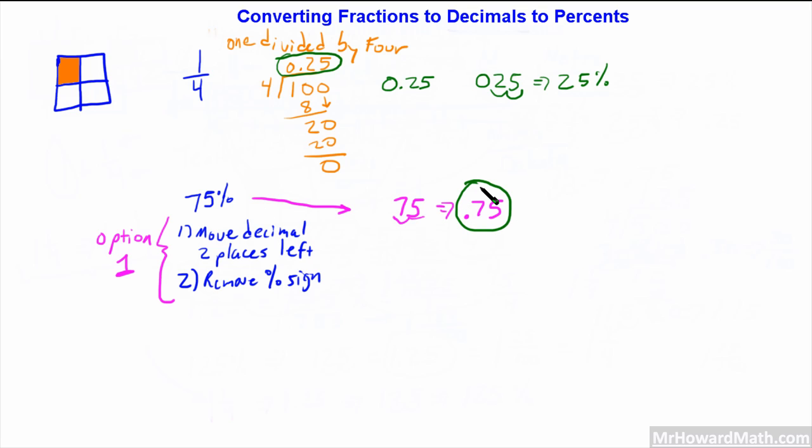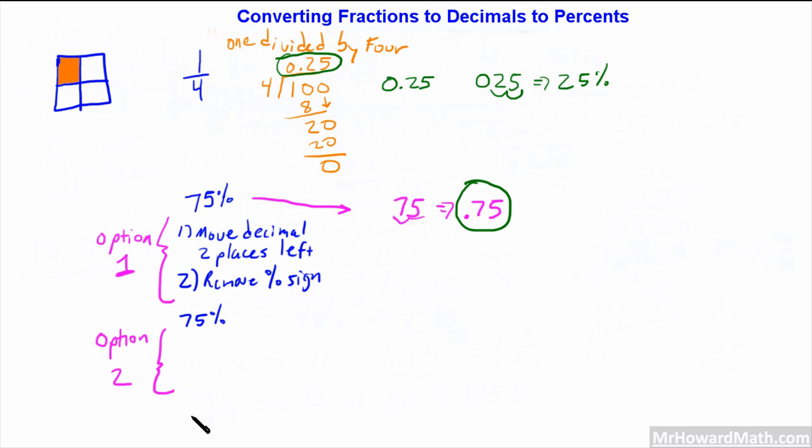Okay. Now, option 2, let's write that down here. Option 2, if you have the 75% that you're starting with, let's write that in. Alright, so we're starting back again with 75%. Option 2 would be to take this to a fraction first.